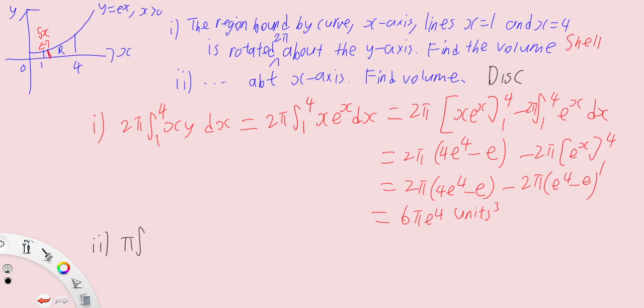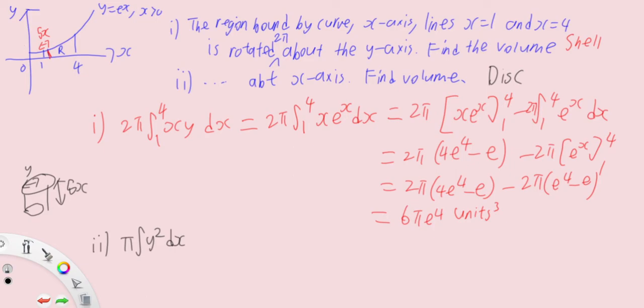So again, pi y squared dx. Okay, again, if you cannot remember what the formula is, draw the disk. This looks more like a muffin. Okay, so your width is delta x, so dx. Your radius would be y, right?